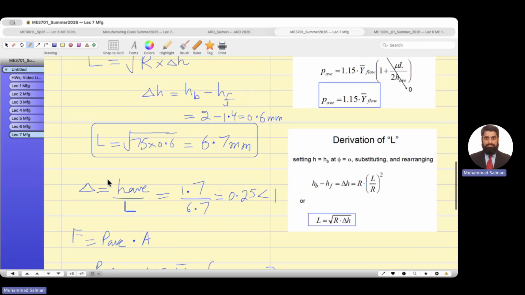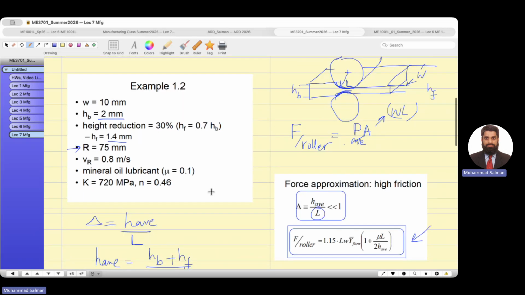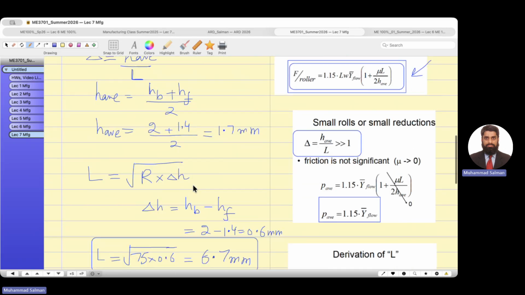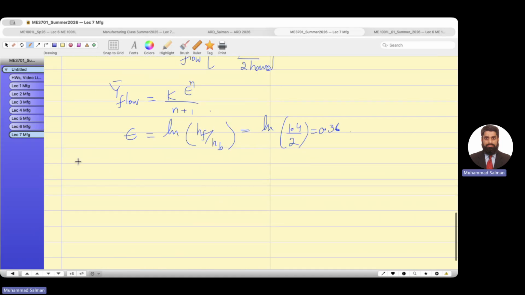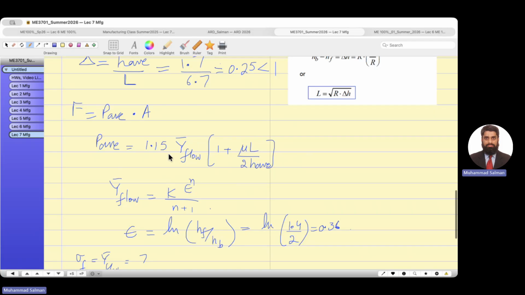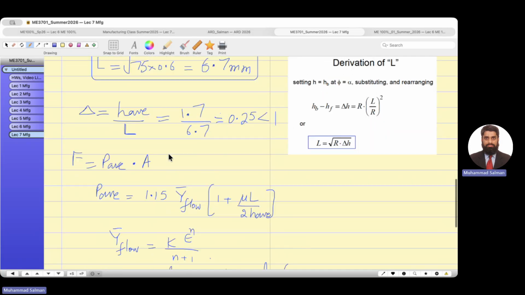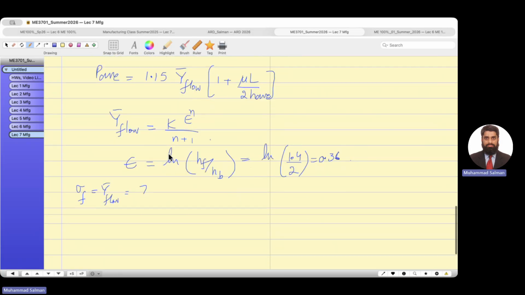What is my n? The strength index n equals 0.46. And I can write down, so let's find out sigma flow, which is Y mean flow, equals K epsilon to the n. How much is K? It is 720 megapascal.